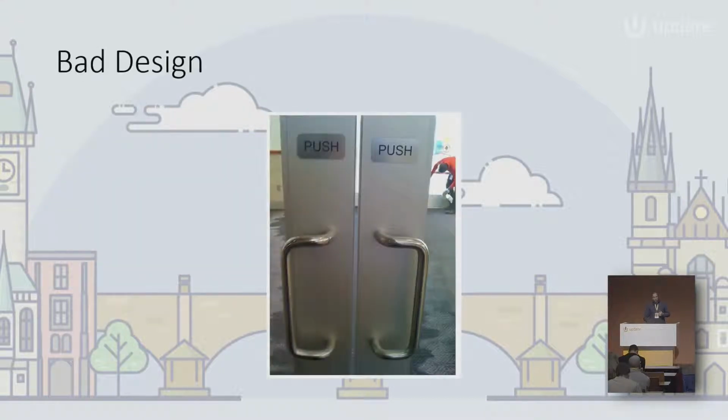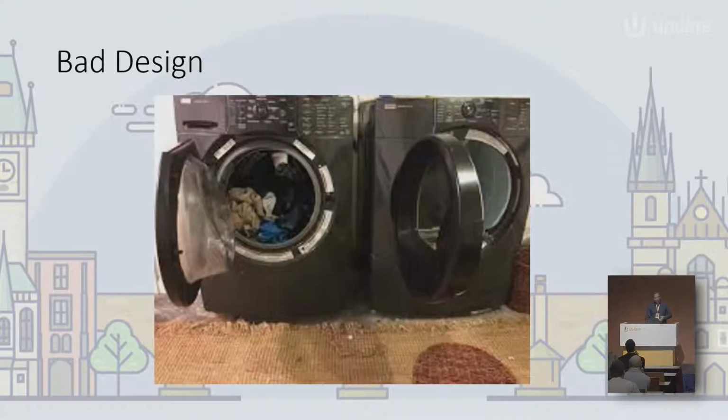So, bad design. Why do you think it's a bad design? What's wrong with this? Anybody? Exactly. If you're pushing, why do you need to put handles in there? You just push it. Why install handles? Bad design? You're doing washing in one? Well, in Europe, usually you wash in one and you dry it outside, right? But in North America, you usually have a separate machine that dries stuff. So in here, you could see that you take out the stuff, but the door's right there.